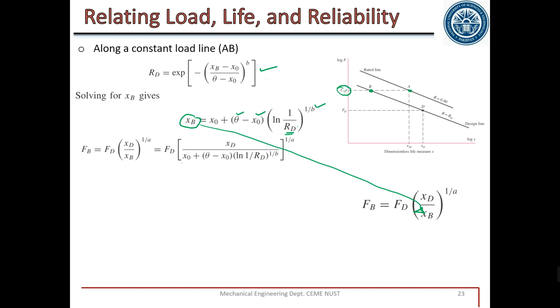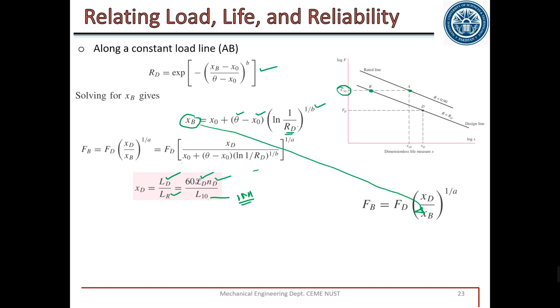After getting the value of C10, we will be checking this C10 against the catalog to select our bearing. So the final equation is this: xD is the desirable value that we need, which is a ratio of the desirable life and rated life, and this desirable life is usually 1 million, and it depends on the manufacturer. This is the number of hours of rotation, and this is the number of RPM.